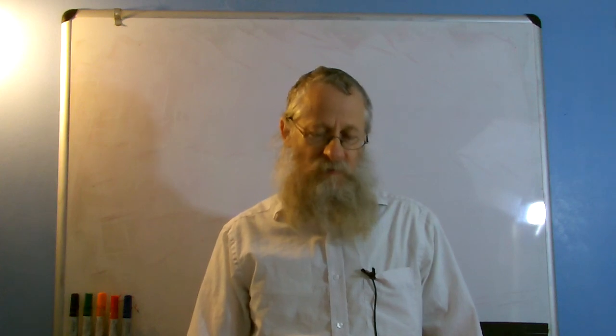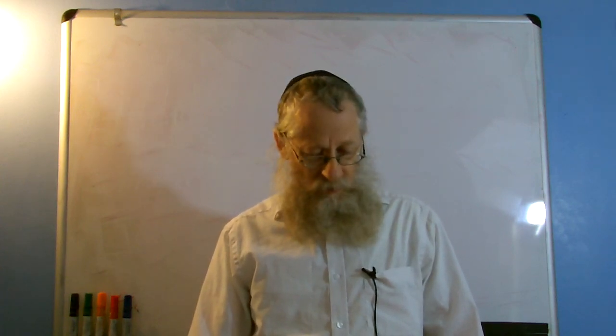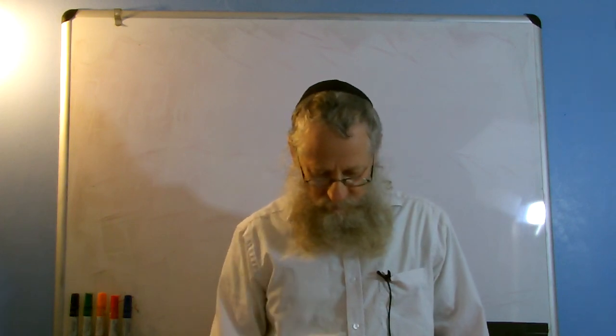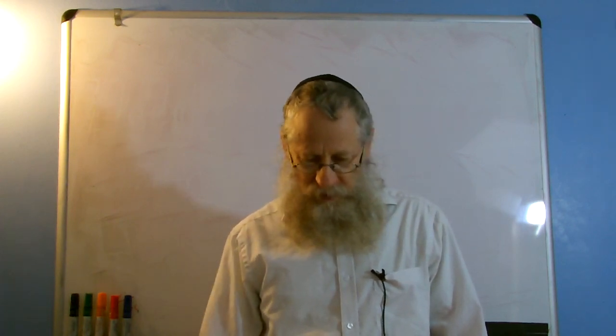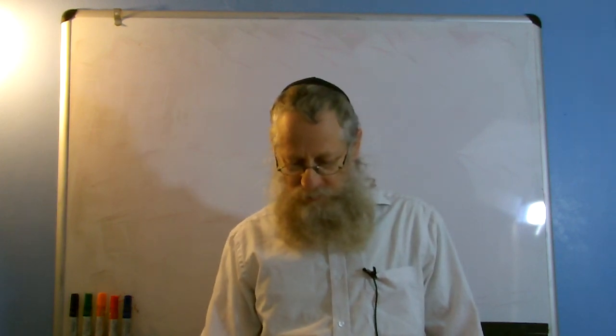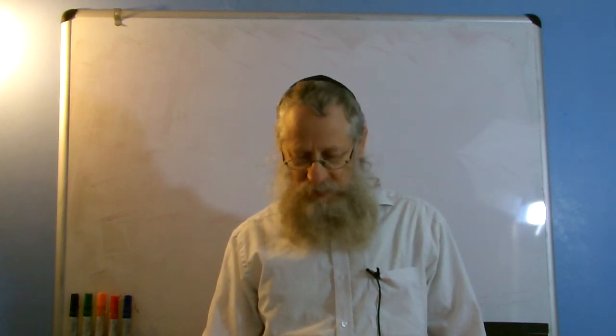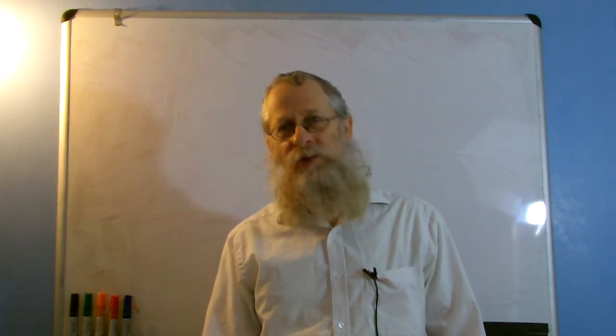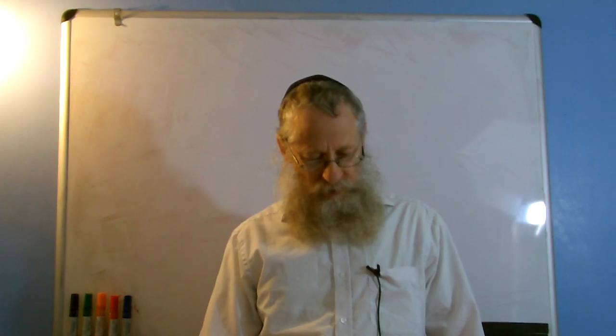I'll call it lecture 45B, and we'll look at this whole idea of the pineal gland, which is connected to Peniel, the name that Jacob gave to the place where he fought the angel. A very interesting story.